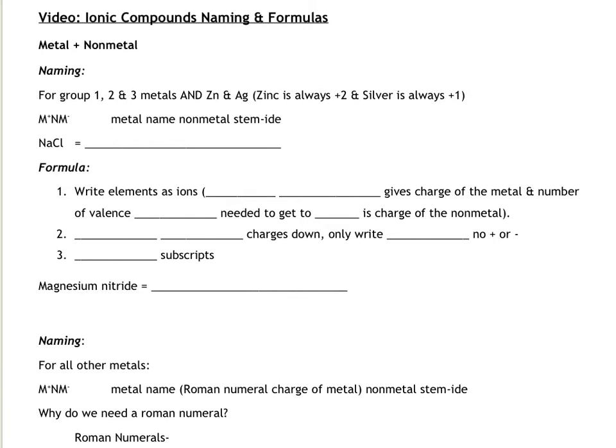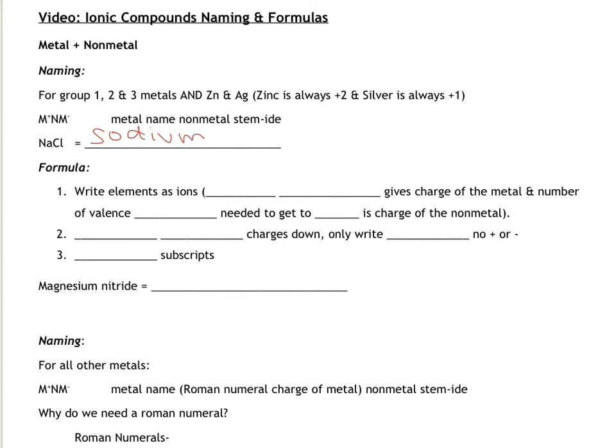To name them, it's pretty easy. We take the name of the metal, and then we take the stem of the name of the nonmetal and add IDE. For NaCl, we look on the periodic table and see that Na is sodium, so I write my metal name of sodium.